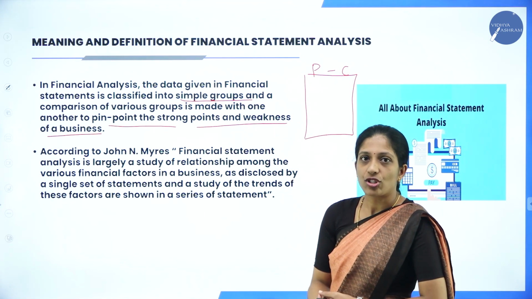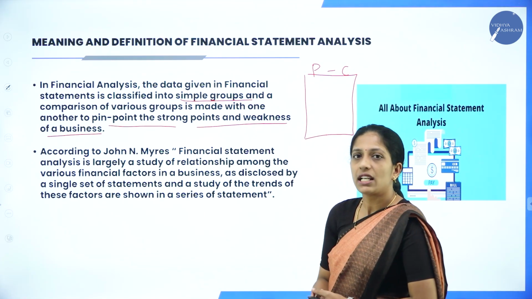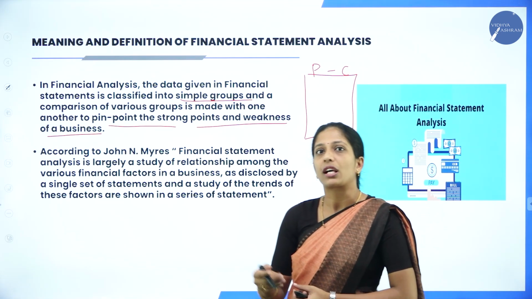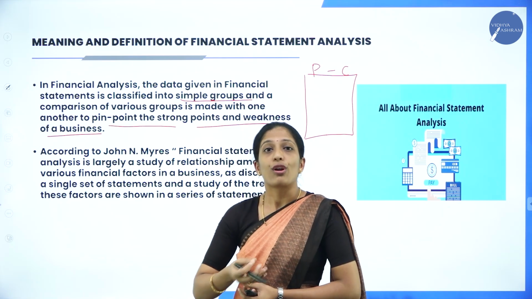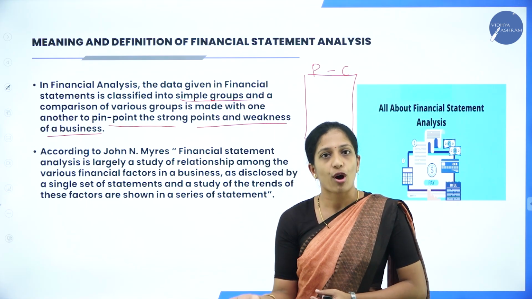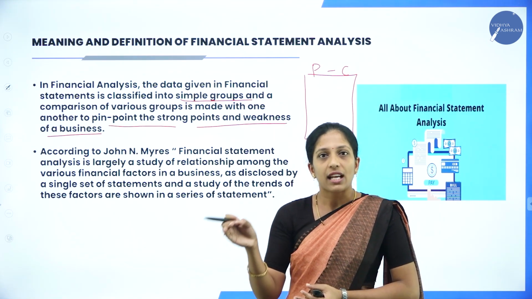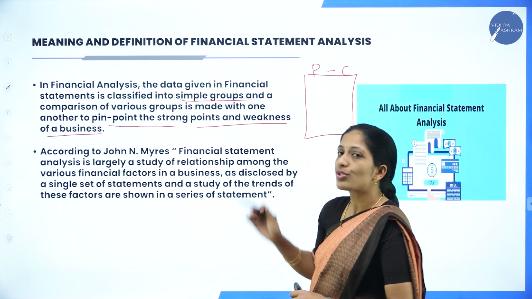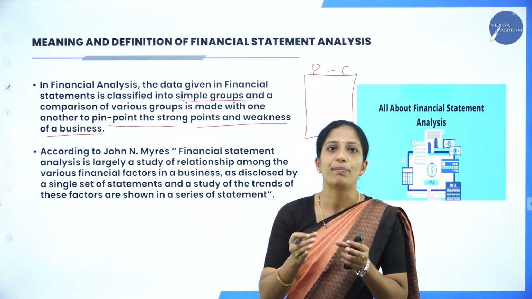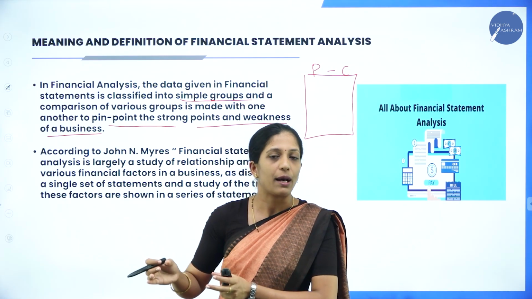So what is this financial analysis? The data given in the financial statement. Data may be your current assets, current liabilities, fixed assets, current investments, long-term borrowings, long-term provisions. Each and every item or data given in the financial statement is classified into simple groups. So you are going to group them, like current liabilities all put together.